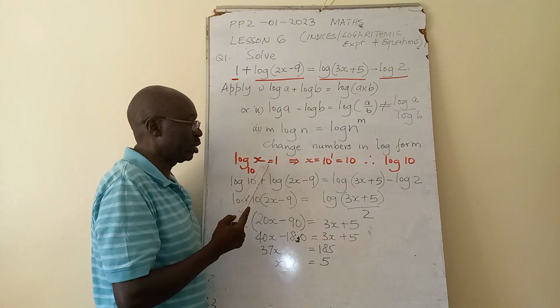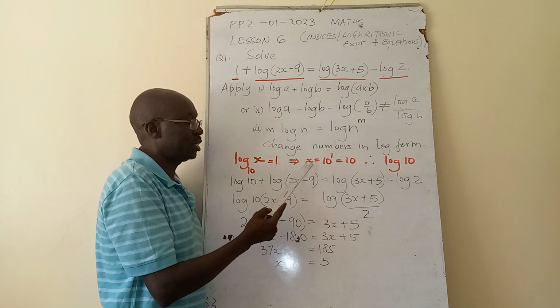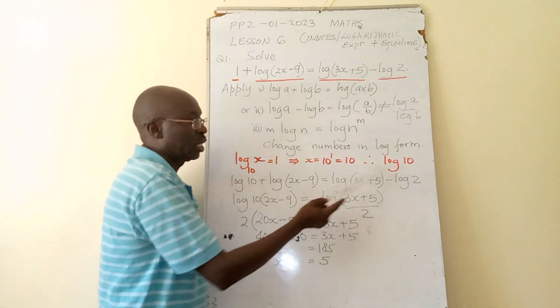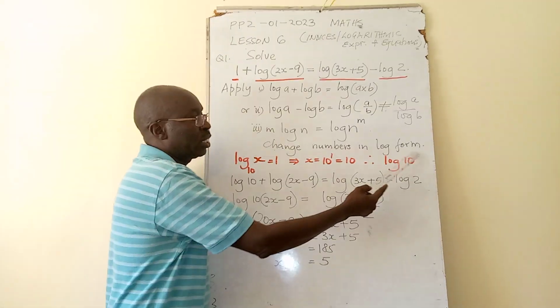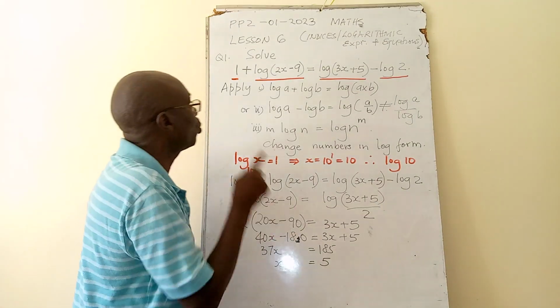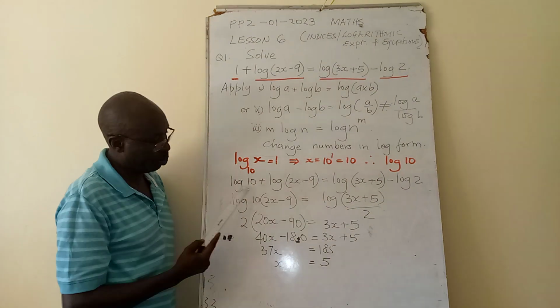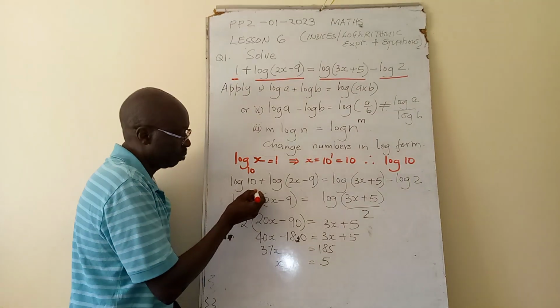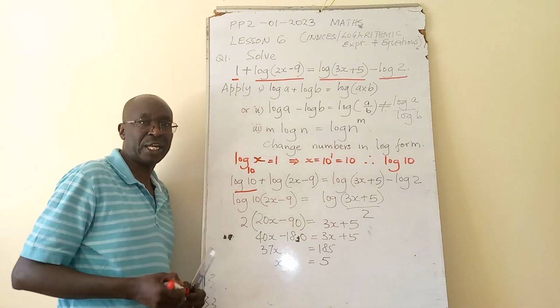Then you look for x. So from this notation to that, x is 10 to power 1, which is 10. Which means the logarithmic form is log 10. So in place of 1, we now put log 10 here.